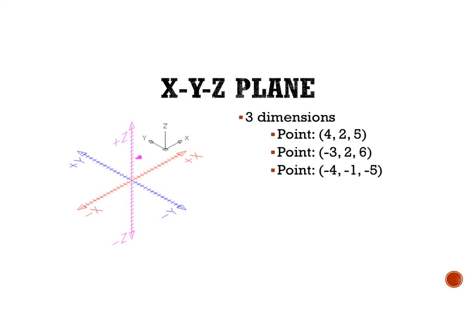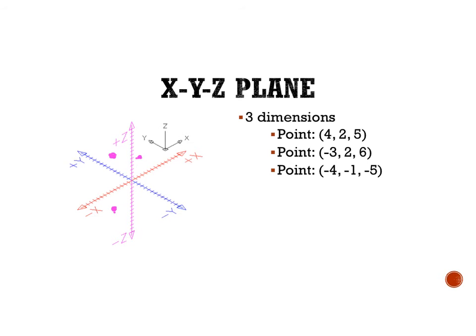Then we go to x negative 3, y 2, and then up 1, 2, 3, 4, 5, 6. Imagine that that's actually in the middle of the air, not drawn on a piece of paper. And the last point, (negative 4, negative 1, negative 5), would probably end up somewhere around here, again extended in the middle of the air, just like 3 dimensions would be.